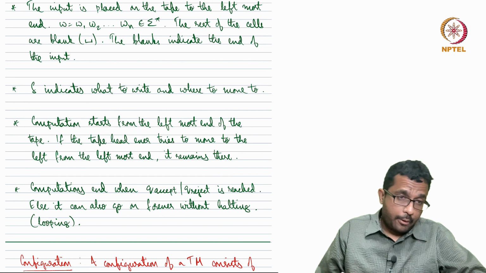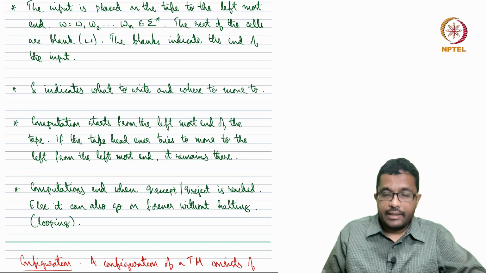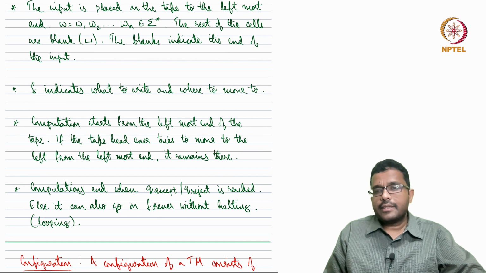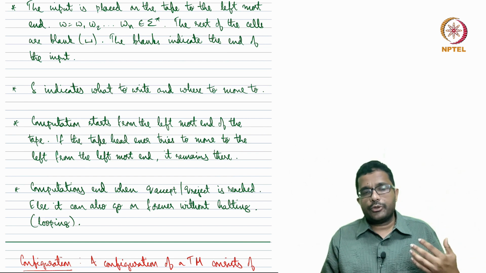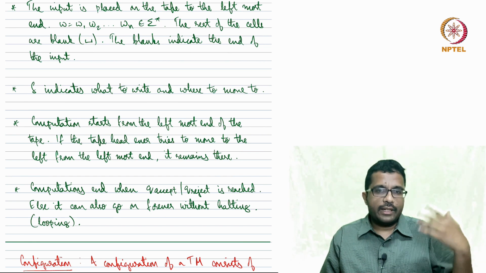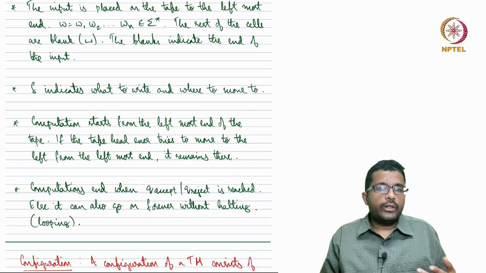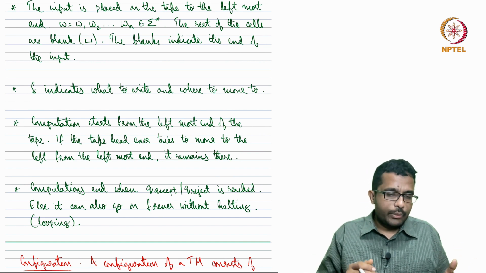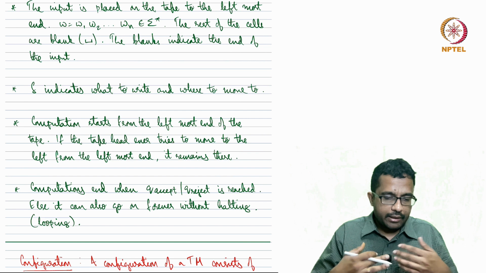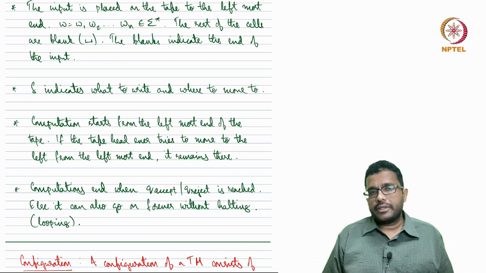But it is also possible that neither state is reached, neither accept nor reject. This is called an infinite loop situation. Just like in a computer program, you could have an infinite loop which you can never come out of. Like that, even in a Turing machine, you may end up doing something again and again repeatedly without ever going to an accept or reject.